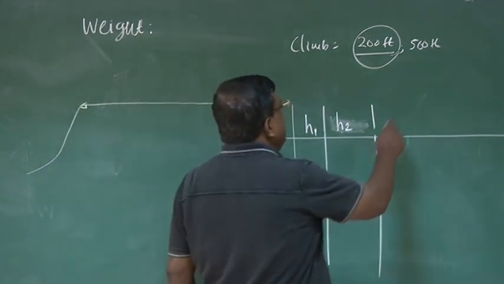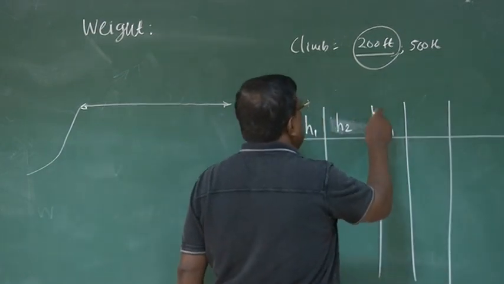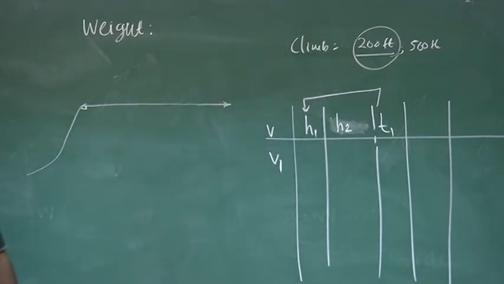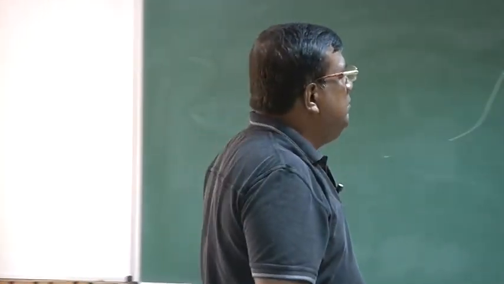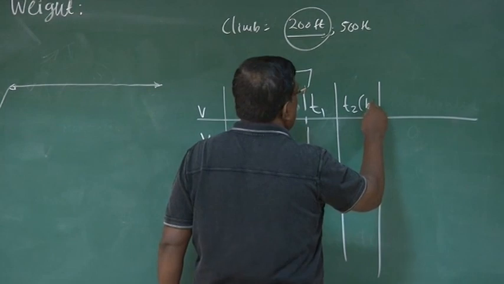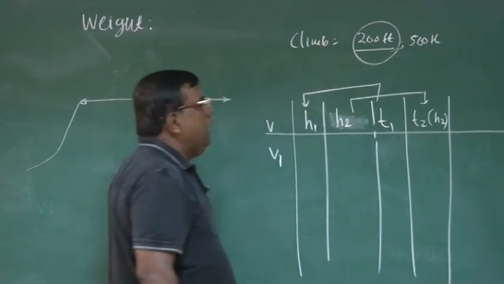But when you are doing this experiment, also note down one thing. What is the time when you have started climbing? You have a stopwatch, you start, climb. From that time, and when it has finished, that is, when you reach H2, what is that time? So what you have now?